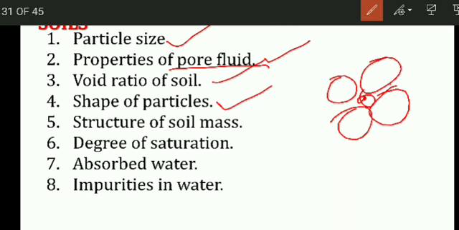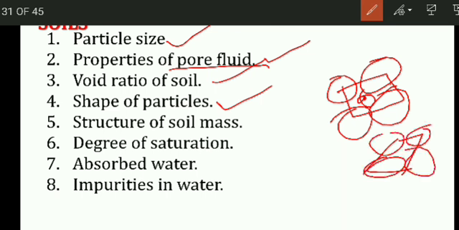We discussed this when we were discussing porosity, whether it is cubic packing or rhombic packing. So this is the structure of the soil mass. Then the shape of the particle: if it is coarse grained and well rounded, porosity will be more.